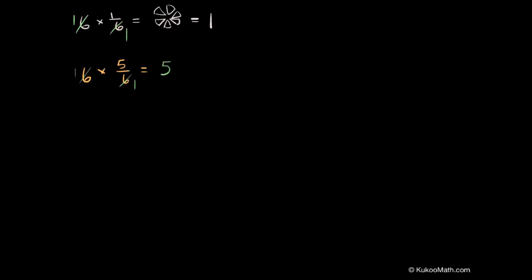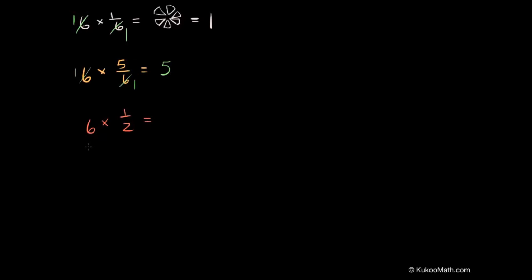Now let's try it again with another problem. 6 times 1/2. Again, we're going to do the same strategy of simplifying by dividing the integer and the denominator by the same number. But this case doesn't have both 6s.